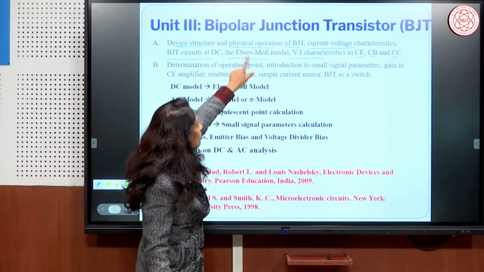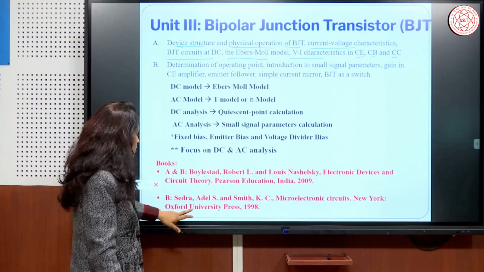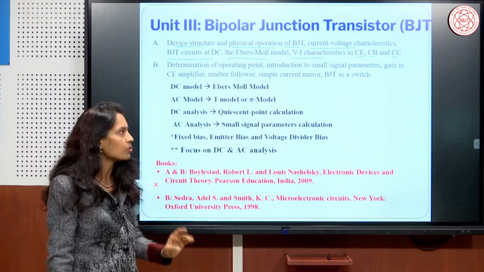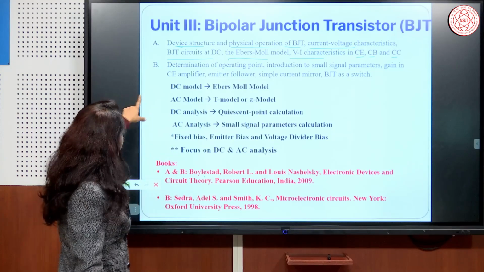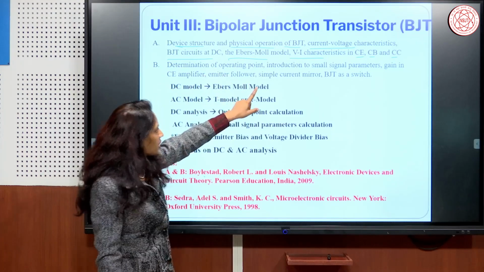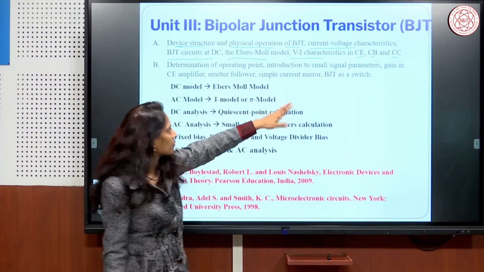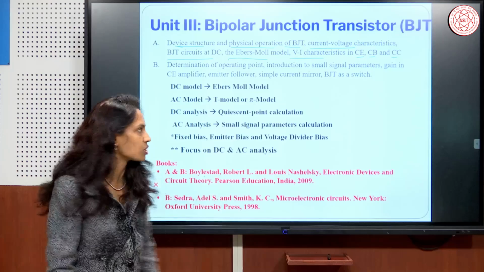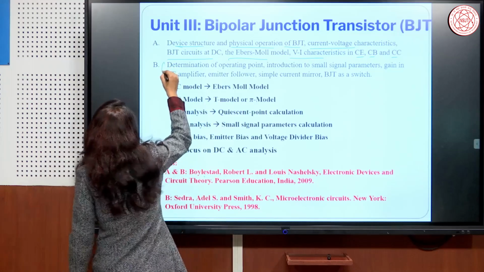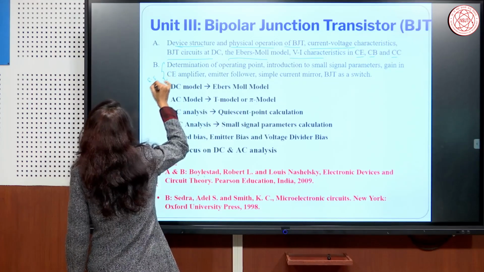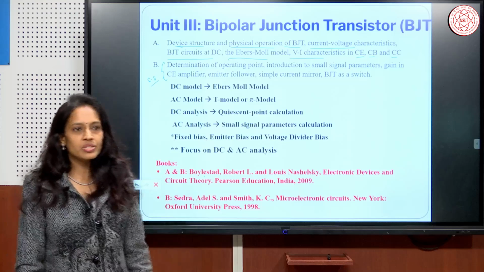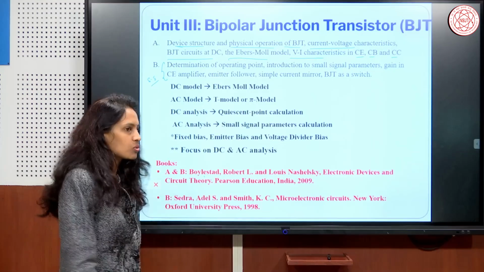But for the Ebers-Moll model you will not find it in Boylestad, so you have to consider the Sedra and Smith book. Now after this comes determination of operating point, introduction to small signal parameters, gain in common emitter, emitter follower, simple current mirror, BJT as a switch. These topics are better given in your Sedra Smith book, so for understanding of these topics, you should go to Sedra and Smith.